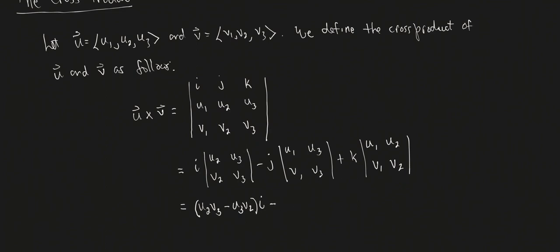Then we'll have a minus, so I'll bring down that minus. Then let's put the expression for this 2 by 2 determinant: U1V3 minus U3V1. And then finally plus K times U1V2 minus U2V1, right?